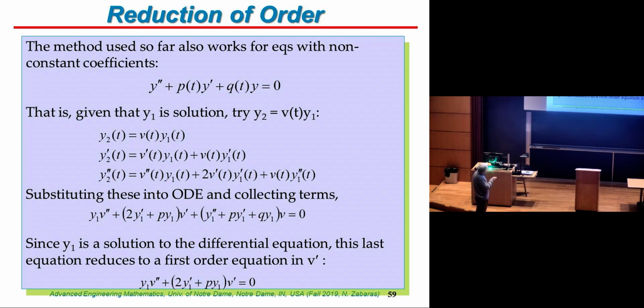So the equation for v that you need to solve is y1 v double prime plus this times v prime equal to 0, all right? And how are you going to solve that equation? It looks like a second-order equation, but it is a simple second-order equation that you can solve as a first-order equation. How can you compute v from this equation?